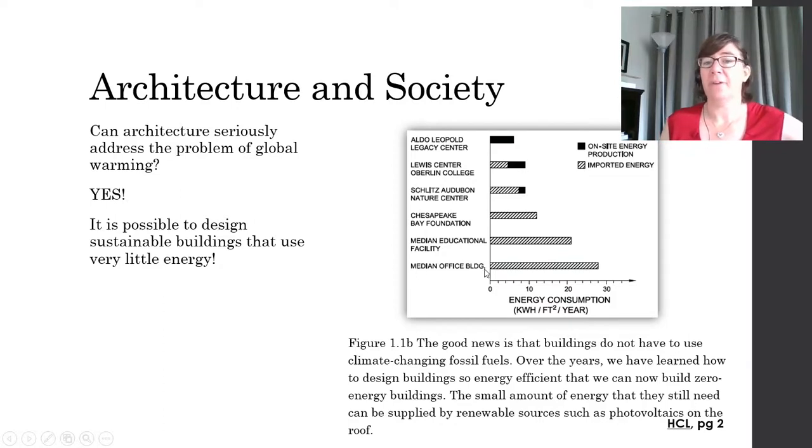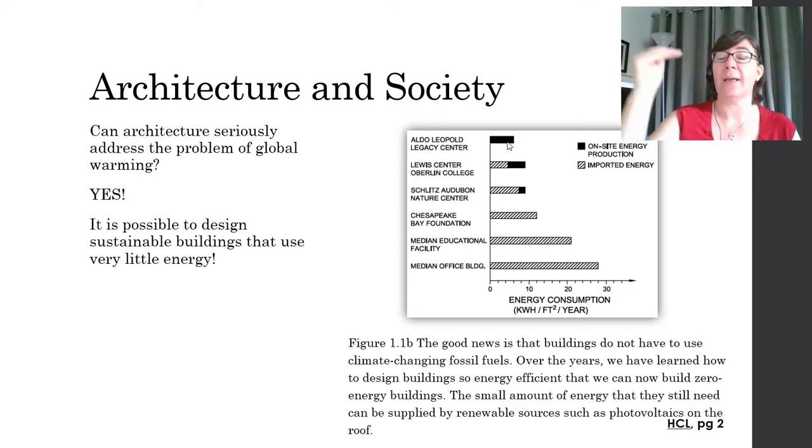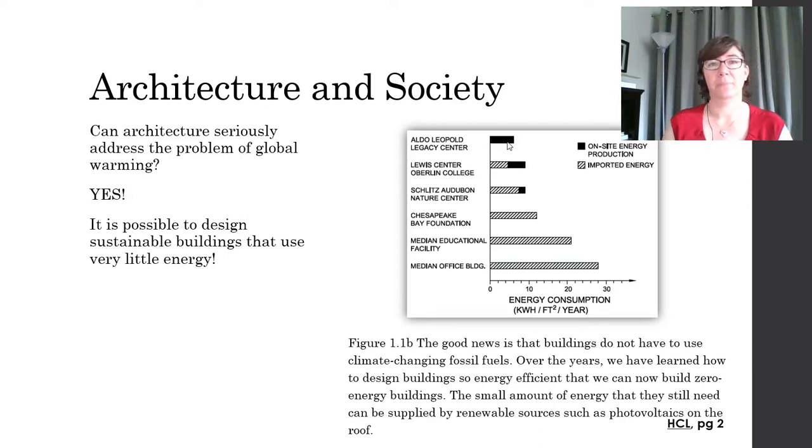Your median or average office building uses, let's just say, a lot of energy per year. Some different types of buildings, for example, an educational facility might use a little bit less. And then you get into buildings that are specifically designed to be sustainable, and they can use less and less energy. And notice that when you add in some on-site energy production, you can actually bring your building down to a net zero energy building.